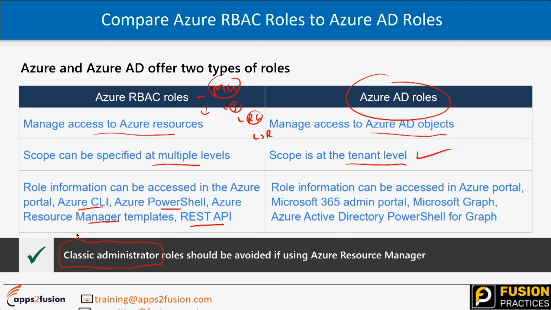But now it is not really relevant because most of the resources that you see nowadays have moved into the ARM template or ARM method. In the classic model you used to have different APIs for all the resources, but in the ARM model you have a common API. So if you're deploying any resource, either a storage account, VM, or anything, everything is talking to a common API. In classic administration you used to have different APIs assigned over there.